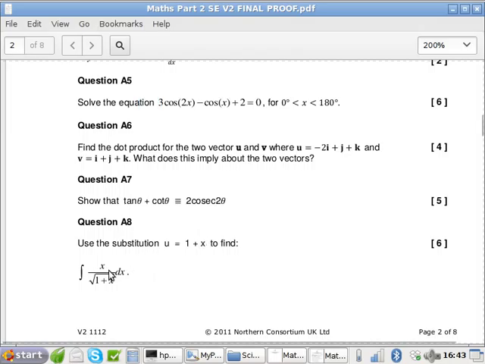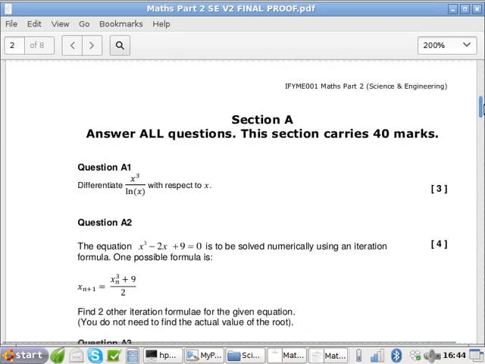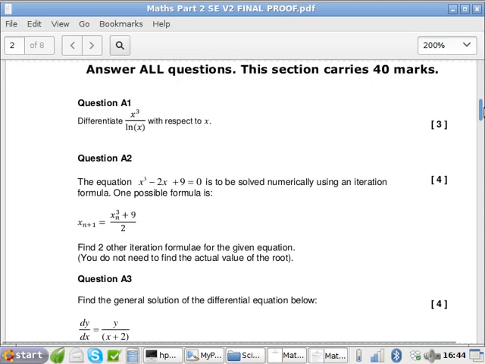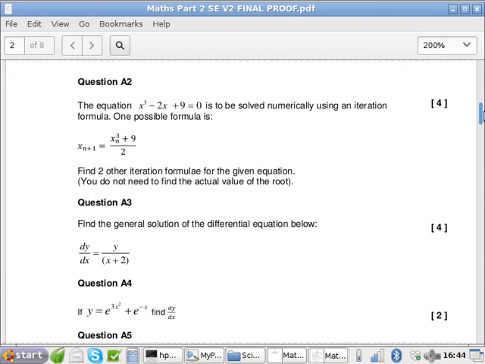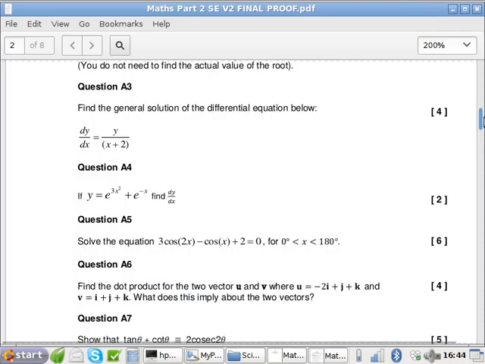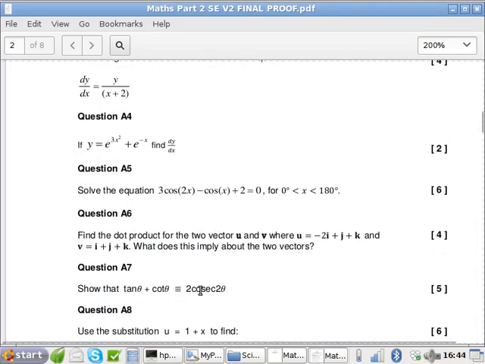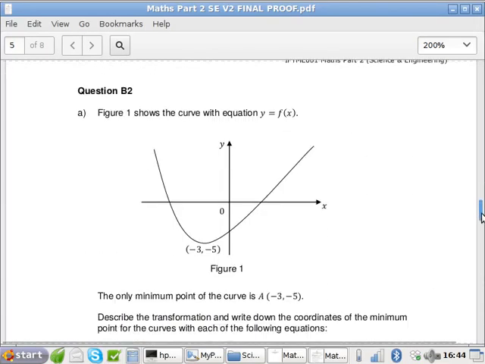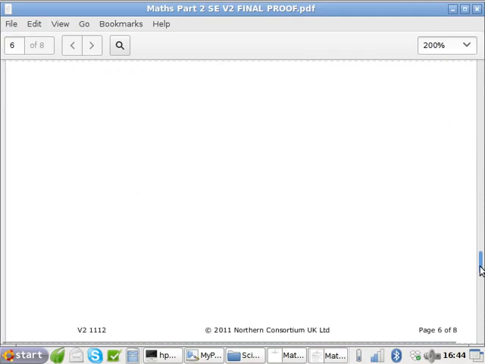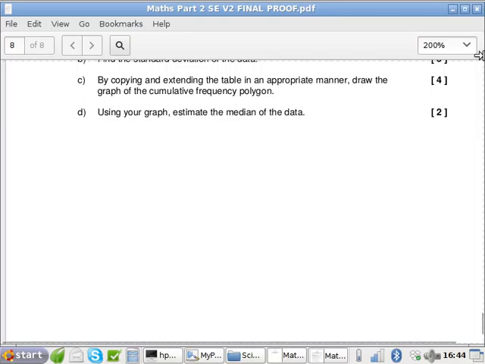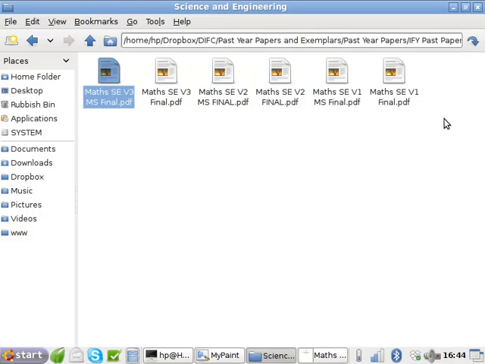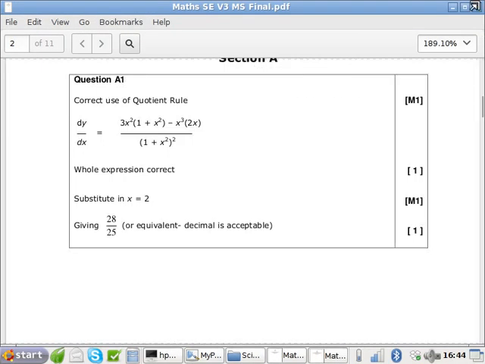Section A, from a few years ago: quotient rule, Newton-Raphson, differential equations, derivatives, further trig, vectors, further trig, substitution, statistics, implicit, you should be able to do that, partial fractions, vectors. Right, let's go 2013.